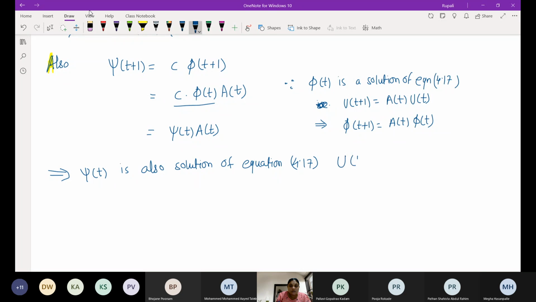U at t plus 1 is equal to A of t u of t. So psi t is non-singular as well as it is a solution of matrix analog of 4.16.